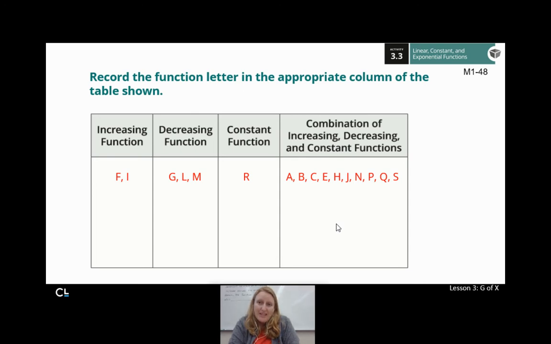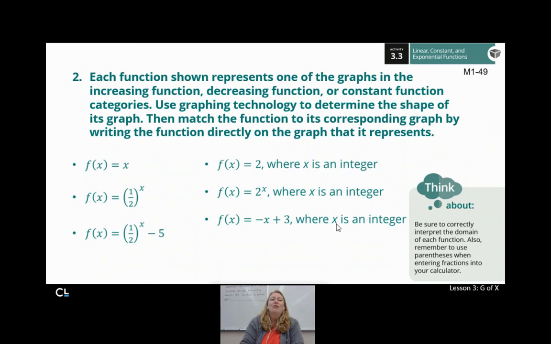Now, each function shown represents one of the graphs in the increasing, decreasing, or constant function categories. So not the mix-up ones. The ones that were in your first 3 columns: increasing, decreasing, or constant functions. All of these functions match up with one of those graphs.